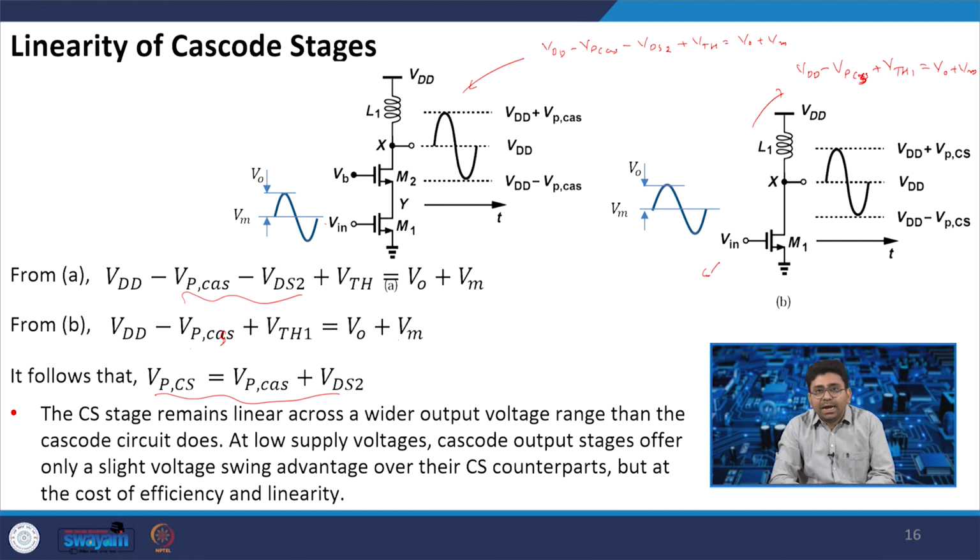and at low supply voltage, cascode output stages offer only a slight voltage swing advantage over their common source counterpart, but at the cost of efficiency and linearity. So, linearity degradation is happening because of the stacked transistor, and that will affect the linearity as well as efficiency.